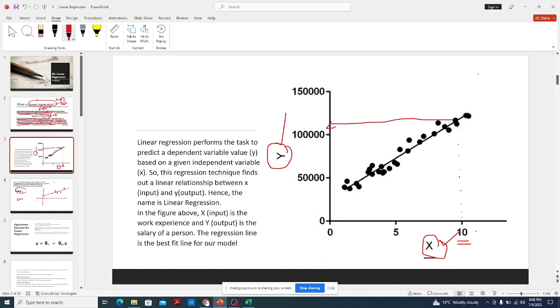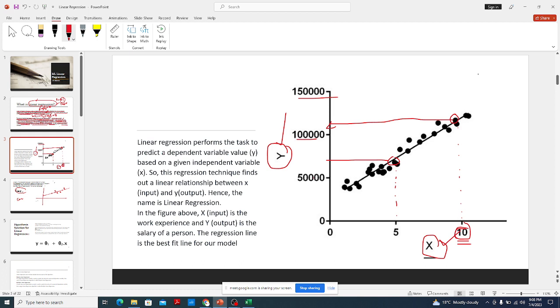You can see the difference between what this person with 10 years of experience is earning and the person with 5 years of experience is earning. The person with 10 is earning between 100,000 and almost 150, and the person with 5 years of experience is earning between 50,000 and 100,000.